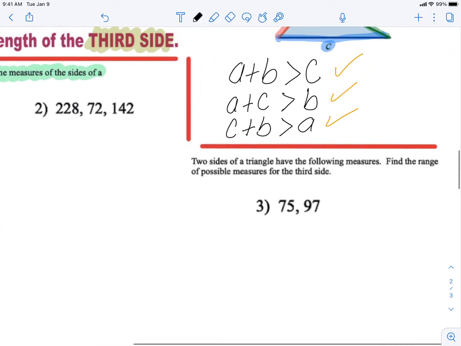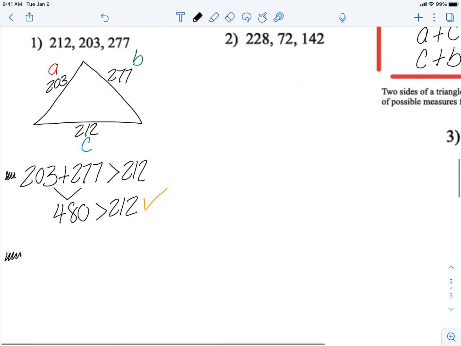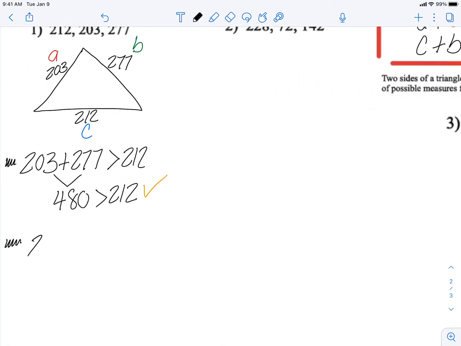Let's try our second one now. A plus C is greater than B. A plus C, 203 plus 212, is greater than the third side, 277.